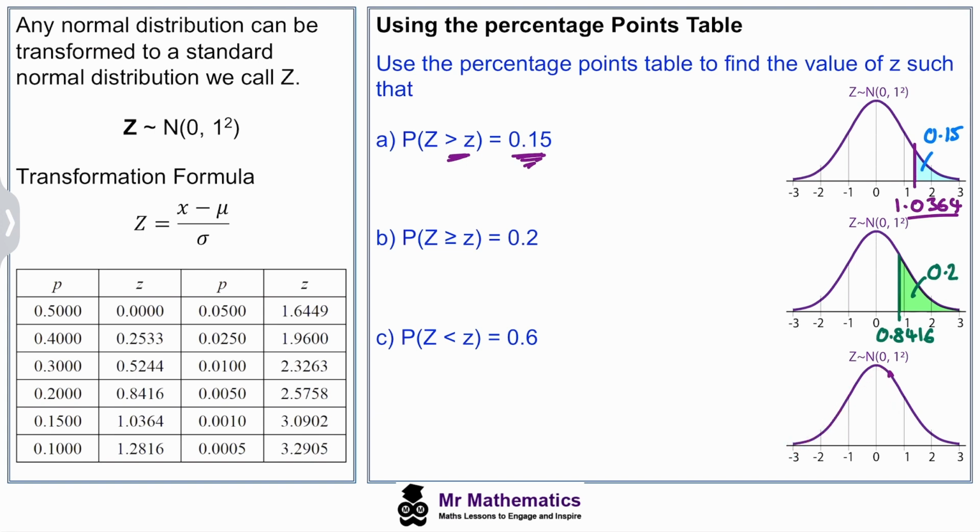So if I make a mark about here, if this has an area of 0.6, then we know that the purple region must be 0.4. And we can work out the z value using this probability. So we know the probability of 0.4 is 0.2533, which we can mark on our diagram. And this is a nice example of where we can use the symmetrical properties of the standard normal distribution.